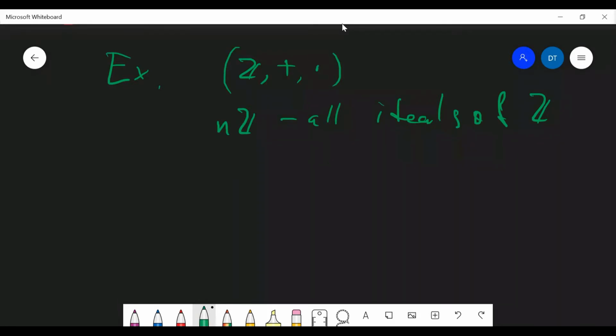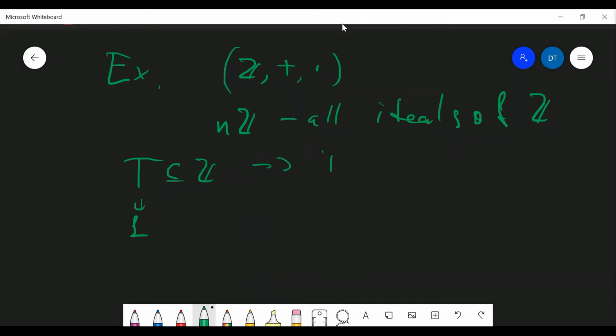Let's try to find all possible subrings of Z. If we have a subring of Z, it must contain the element 1, but because it must be closed under addition and subtraction, we will have 1, 2, 3, and also -1, -2, -3. So we must have all possible integer elements.